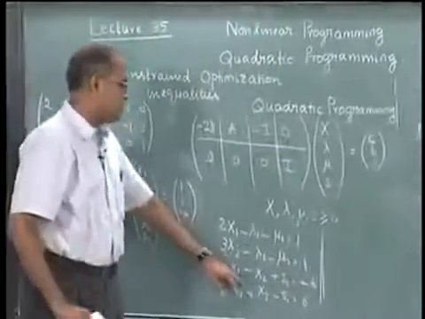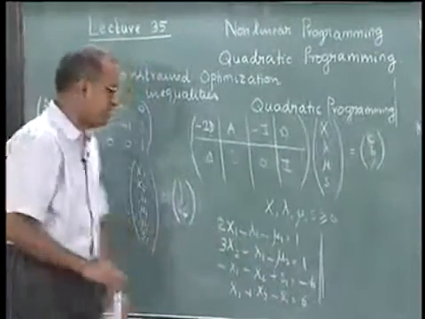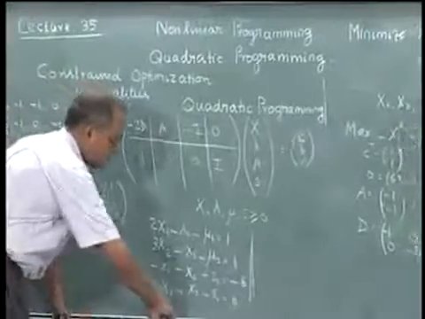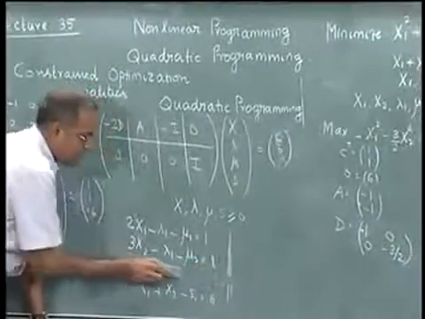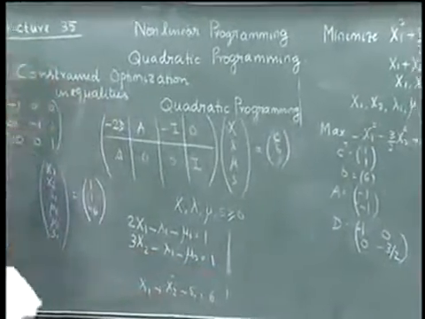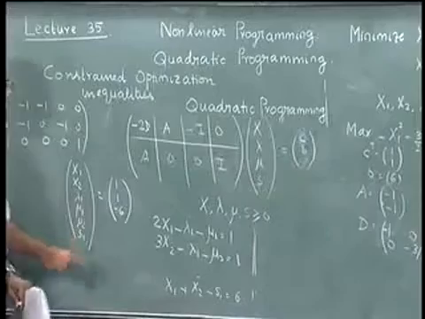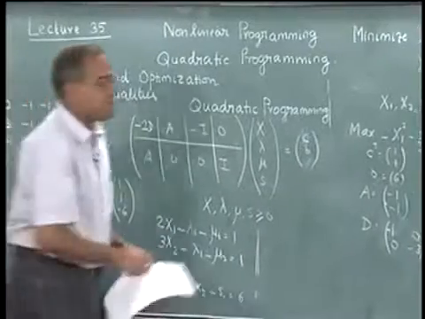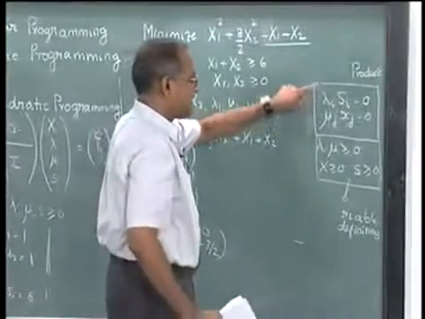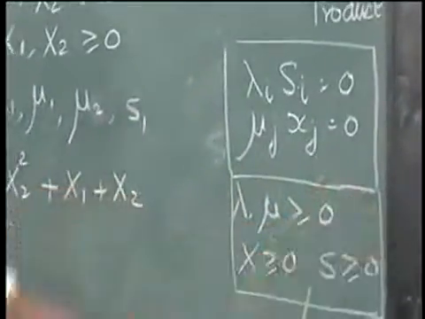So we can leave out this particular equation, which is now rewritten as this. So we actually solve for 6 variables here, 3 equations here, subject to the condition that these 2 are satisfied and these are also satisfied.